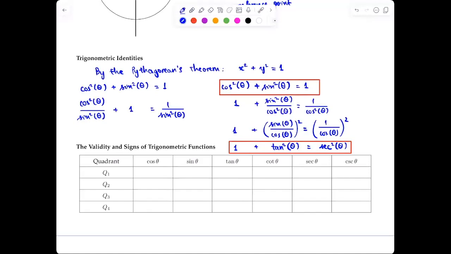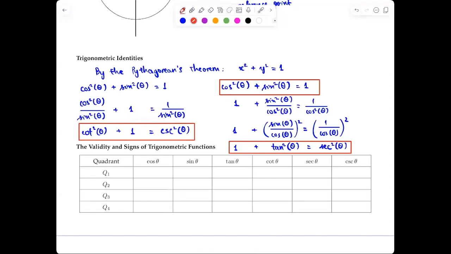And 1 over sine is cosecant of theta, so on the right-hand side, you're going to obtain cosecant squared of theta. Okay. So here you have cotangent squared of theta plus 1 equal to cosecant squared of theta.